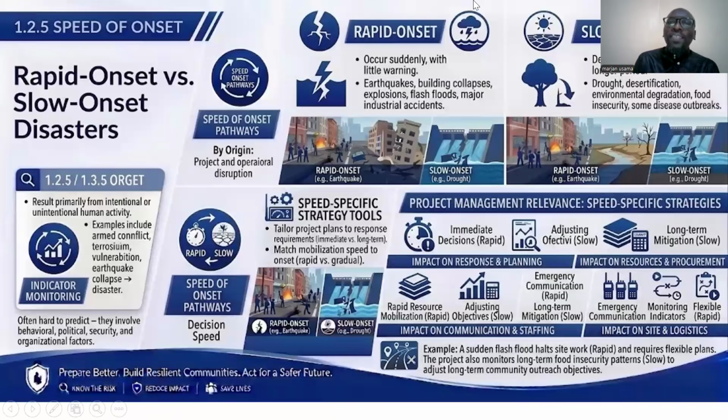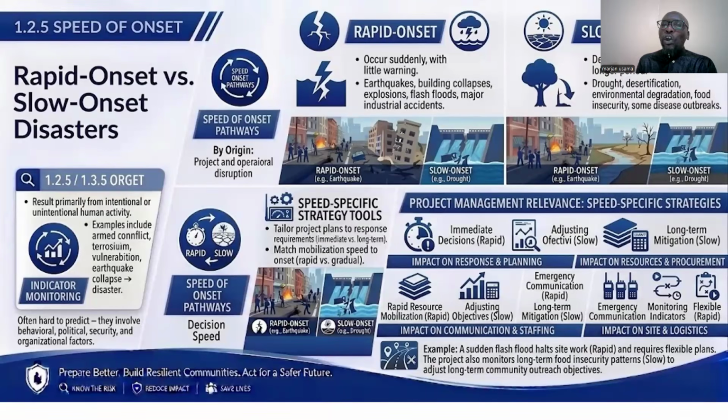The rapid onset, there is no warning, it occurs suddenly, with little warning. For example, earthquakes. An earthquake is something that happens very quickly, very rapidly, without any warning.